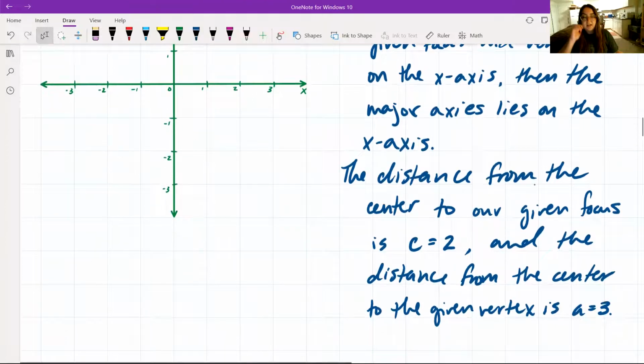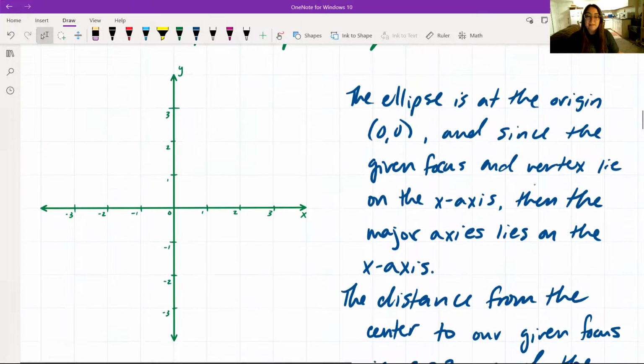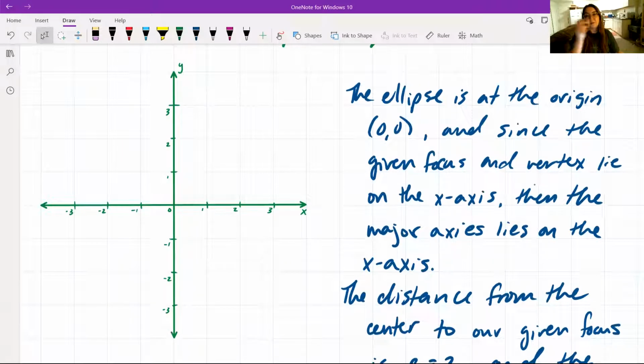So our distance is a equals 3. We could write -3 if we like. It doesn't really matter because the distance is in both directions in this case. So just the absolute value of the distance would be 3.